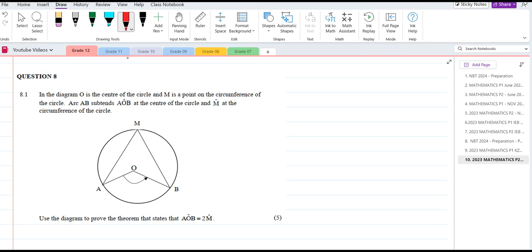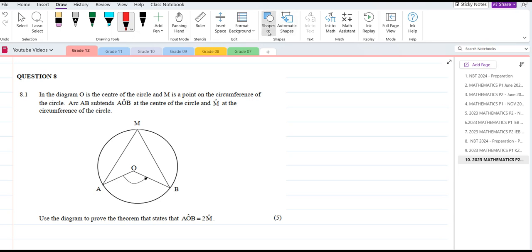Arc AB subtends angle AOB at the center of the circle and angle M at the circumference. Use a diagram to prove the theorem that states that AOB is equal to 2 times angle M.